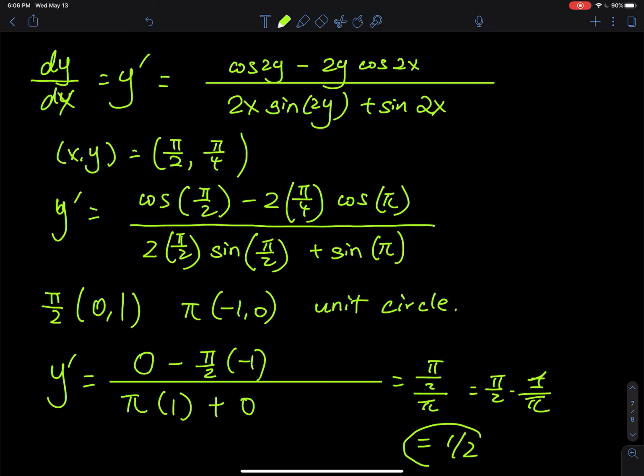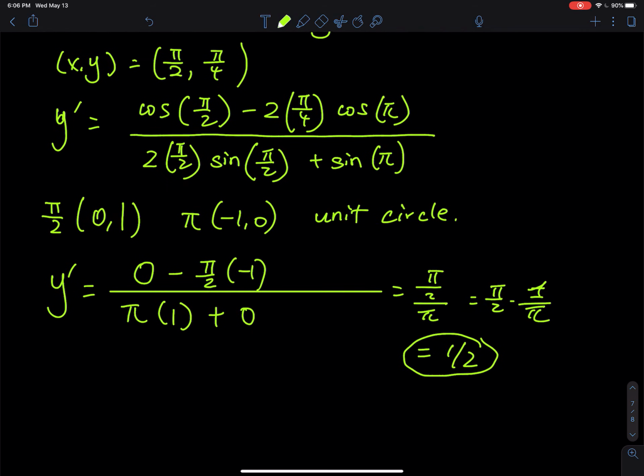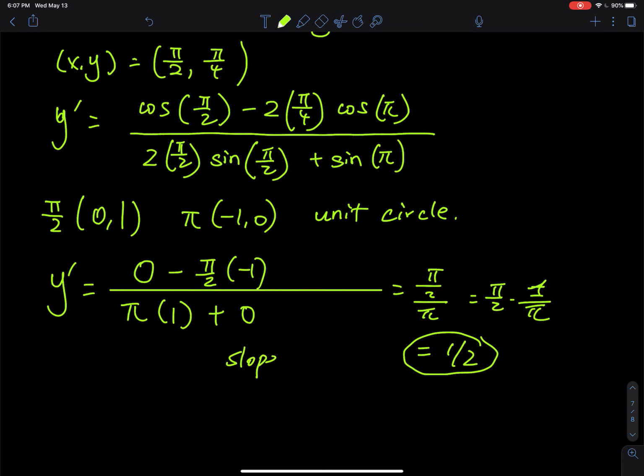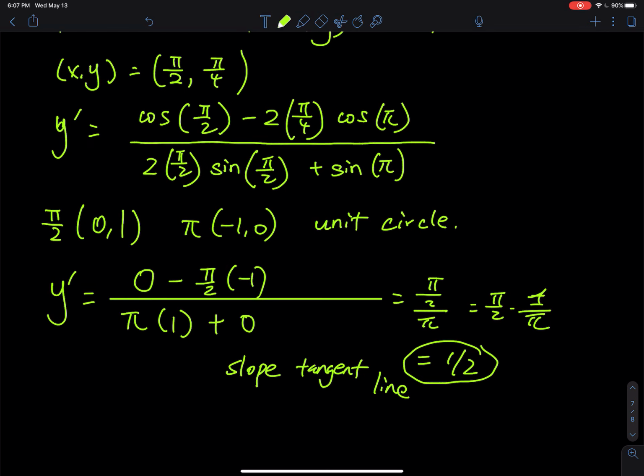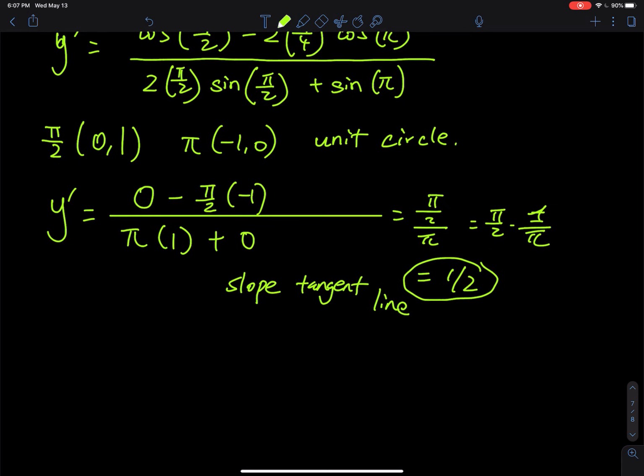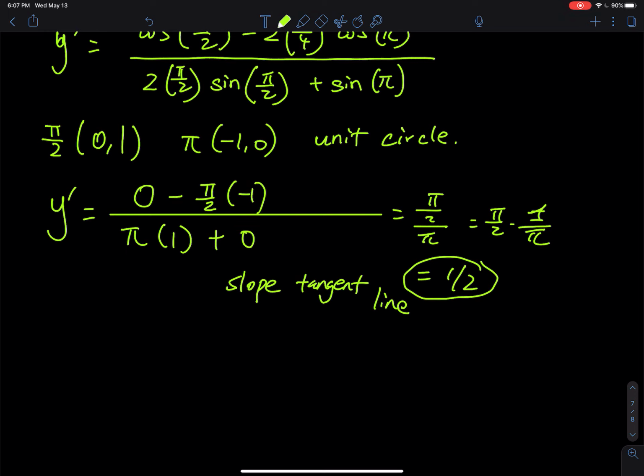So this is the slope of the tangent line at the given point. The point they gave you has a slope equal to 1/2. And then how do you find the equation of the tangent line? You have to use the point-slope form: y minus y1 equals the slope times x minus x1.